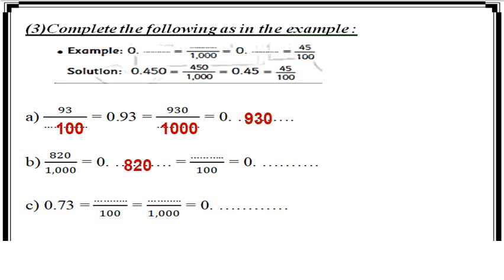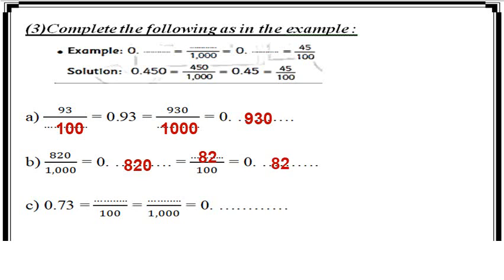And now 820 over 1000 will be dots over 100. 1000 will be 100, so we removed one 0, and also from up we have to remove another 0, so 820, when we remove 0 from it, it will be 82. And now let's convert 82 over 100 into a decimal number. 82 over 100 means we have two decimal places, so write 0.82.